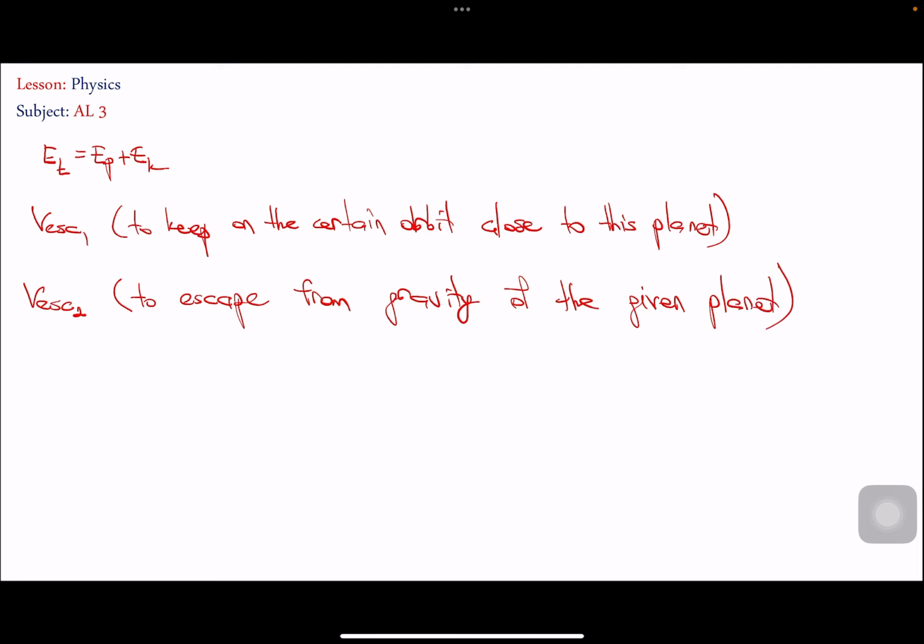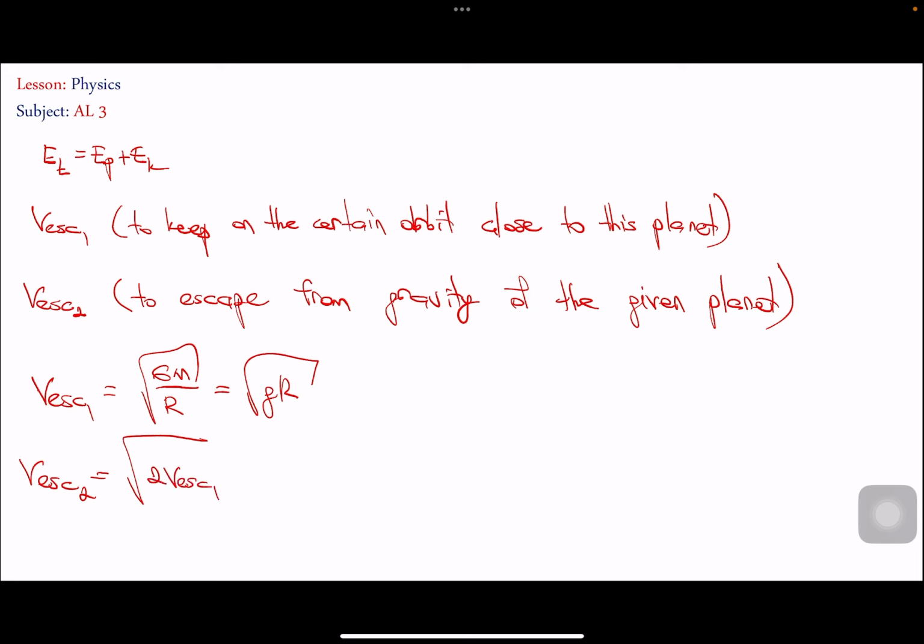So the escape speed 1 is g times the mass of the planet over the radius, in root. I'm going to write it also in terms of gravity, that is g r in root. And the escape speed 2, if I take it in root, I have the 2 here times escape speed 1.